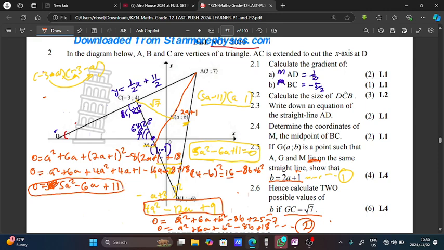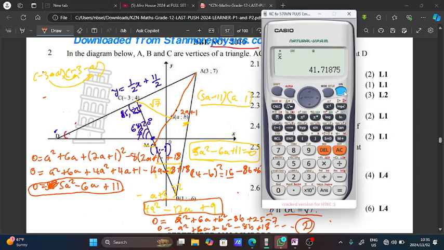So what? Let's check what's happening in the square root. What is the value of b?